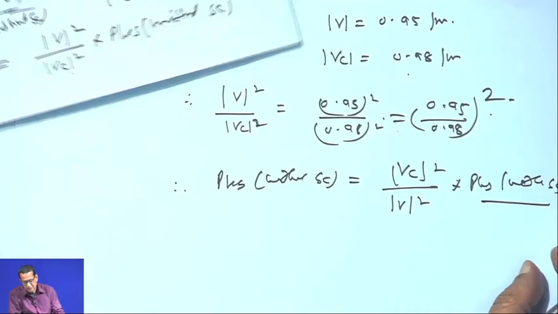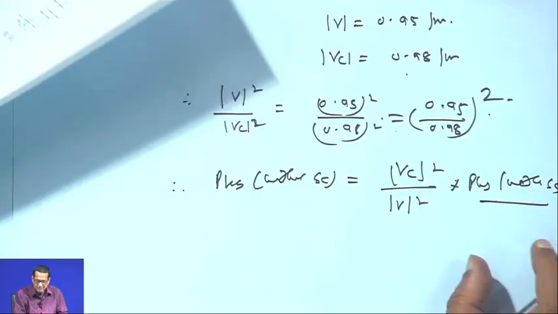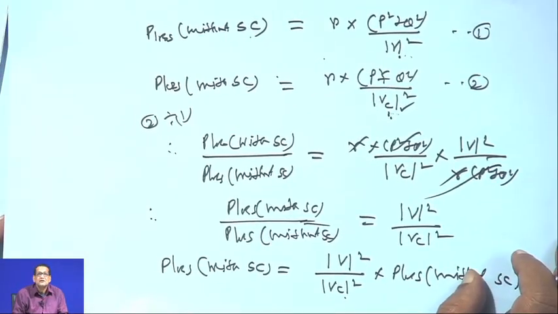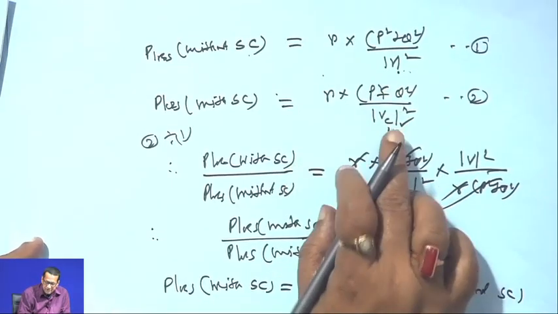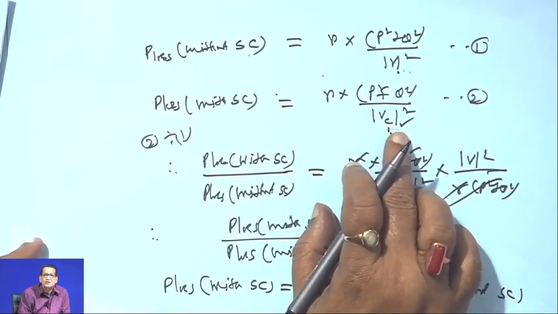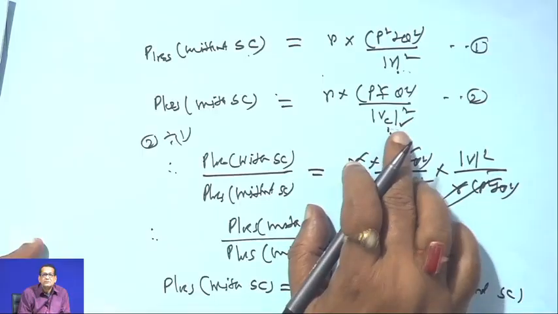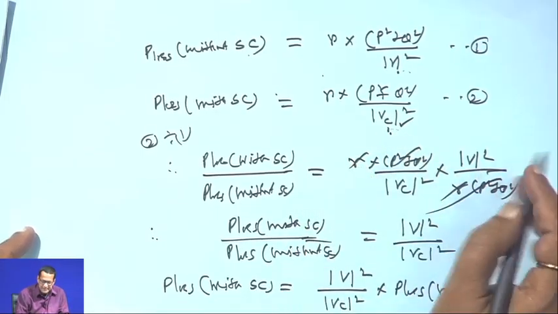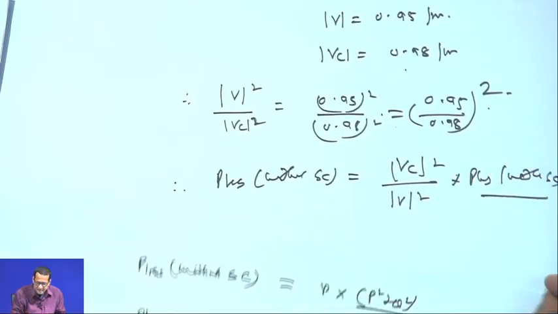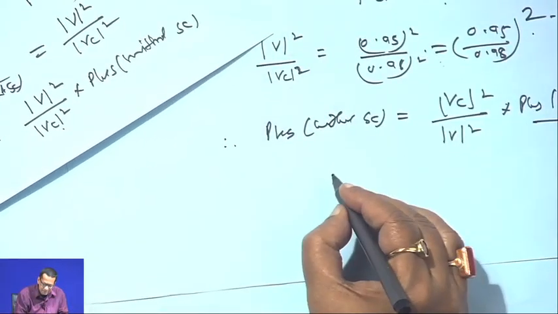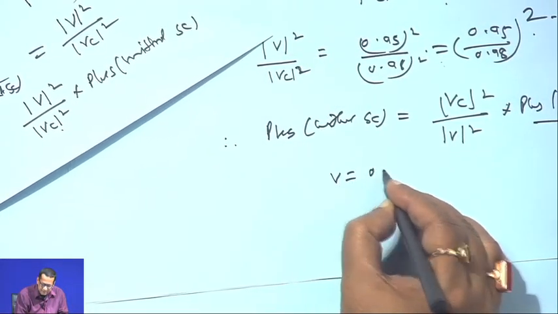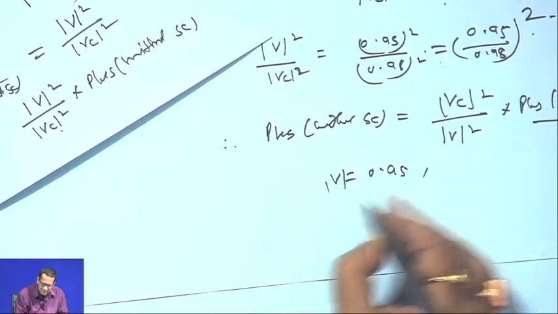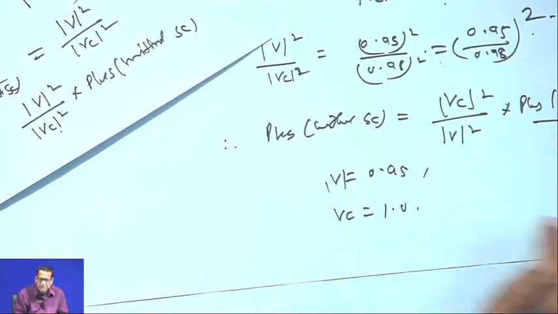Whenever you put this, the power loss will not change much, but because of the improvement of the voltage, it will be affected. For a simple case, for example, suppose V is equal to 0.95 per unit, and suppose Vc is equal to 1.0.